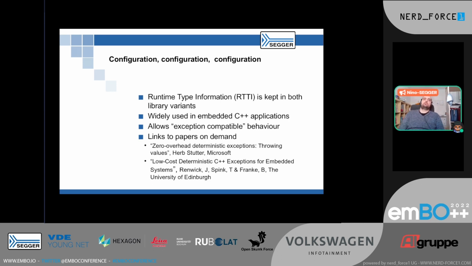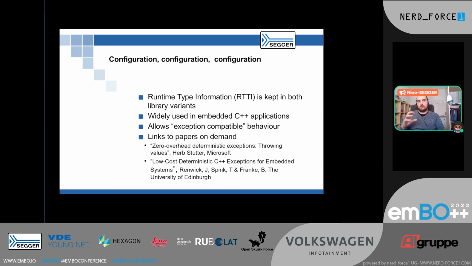Another important thing that we left in for all library types is the runtime type information, simply because it's already widely used in most embedded C++ applications. And what we found also interesting was that they actually allow something like exception-compatible behavior.